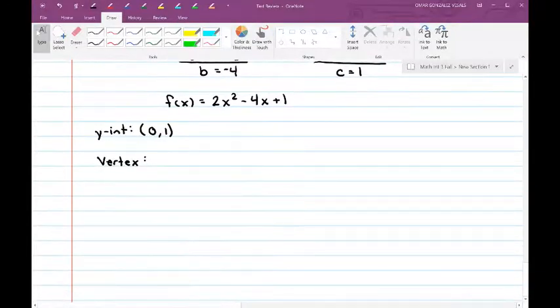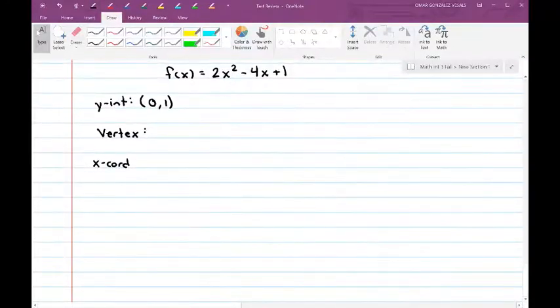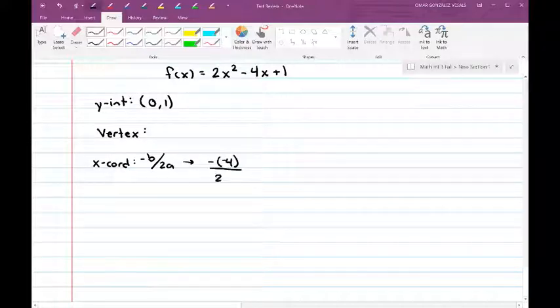So my vertex is going to be, at least for the x coordinate, negative b over 2a, which turns into a negative times a negative 4 over 2 times 2, which is going to give us positive 4 over 4. Another very common mistake that I saw. And that turns into 1. So my vertex, I know that the x coordinate is going to be 1.